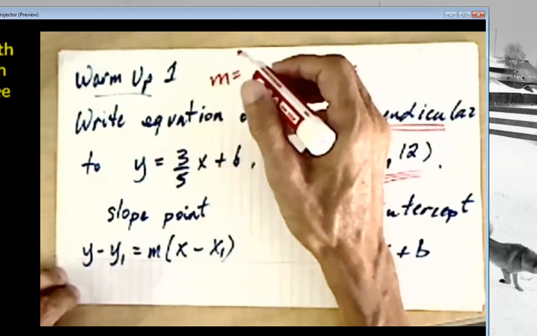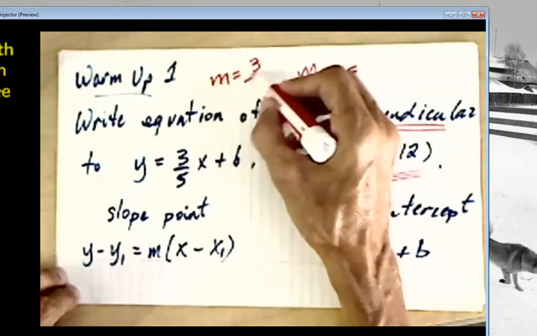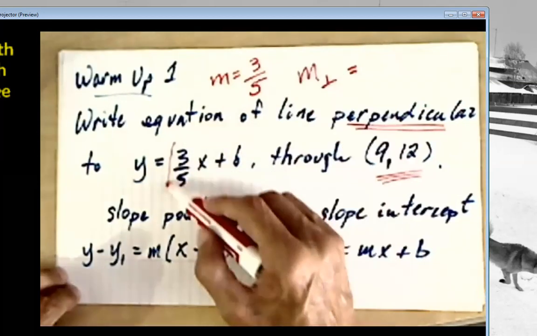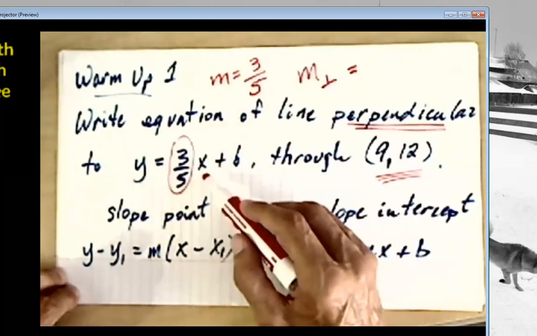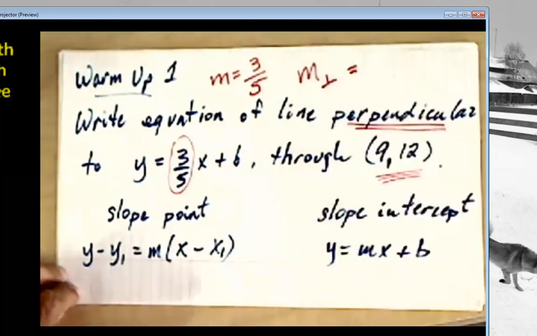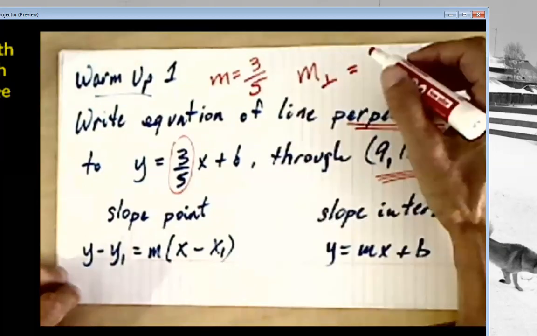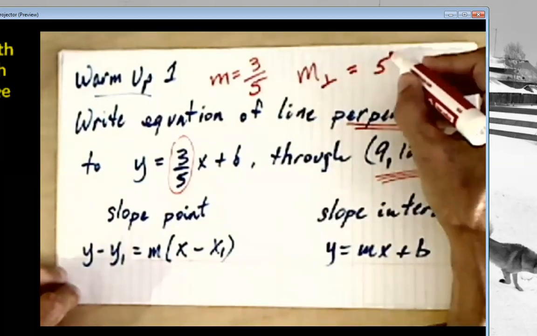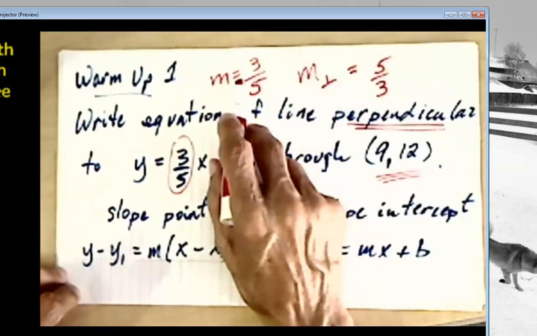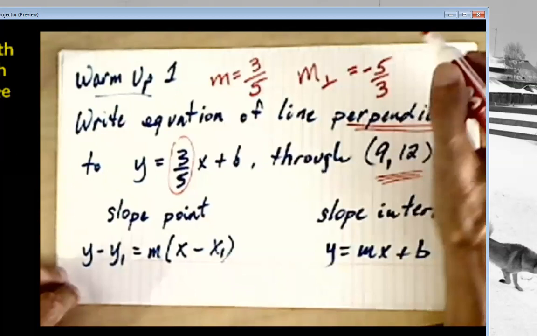The original slope is 3 over 5, right? That number there in front of x all the time. Then the perpendicular slope, as I heard on Zoom, as I heard in class, yes, is upside down, 5 over 3, and you change the sign. So it's positive over here. That means it's negative.